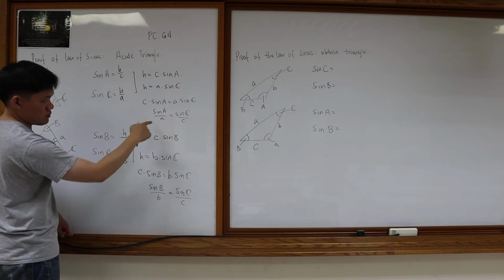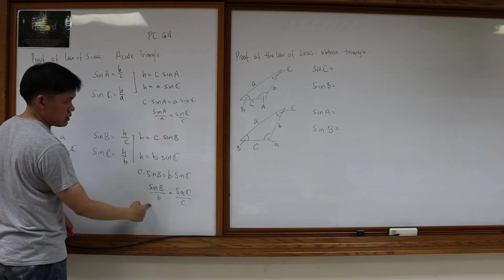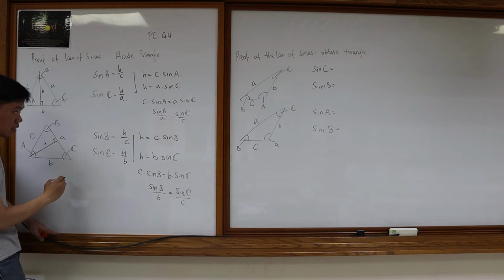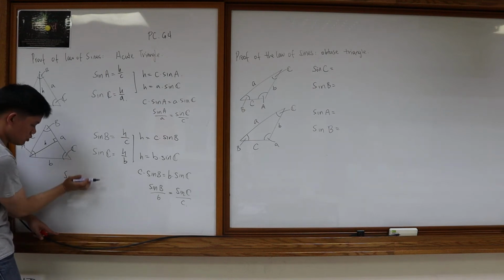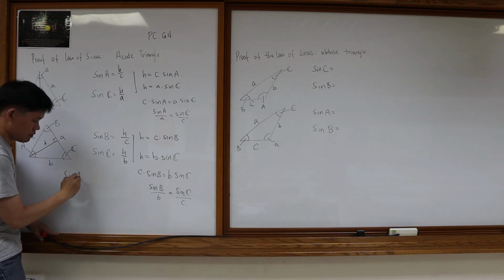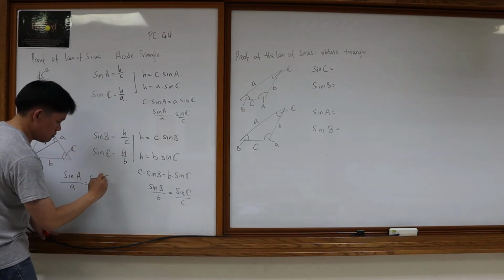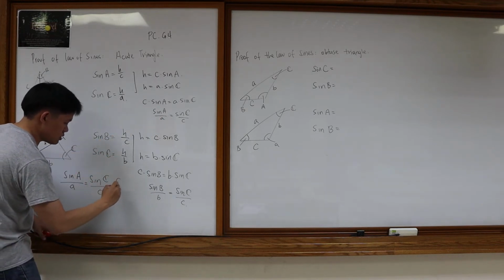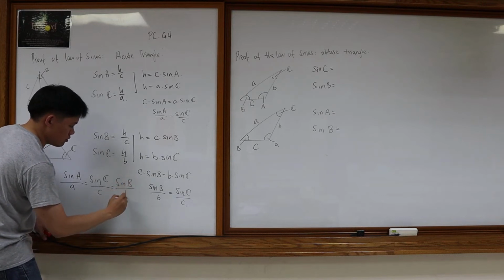If this is equal to this and C is equal to this, therefore we can write the conclusion that sine of A over A is equal to sine of C over C, which is equal to sine of B over B.